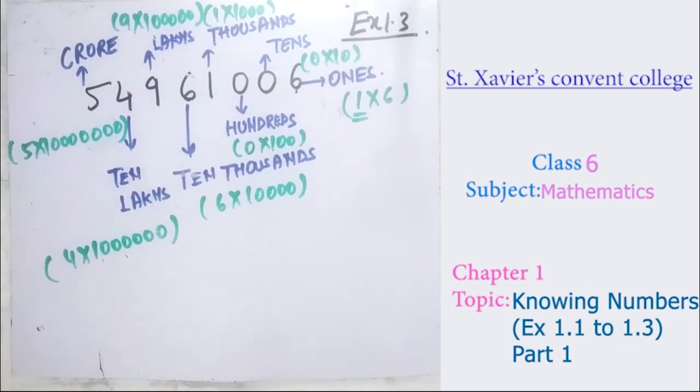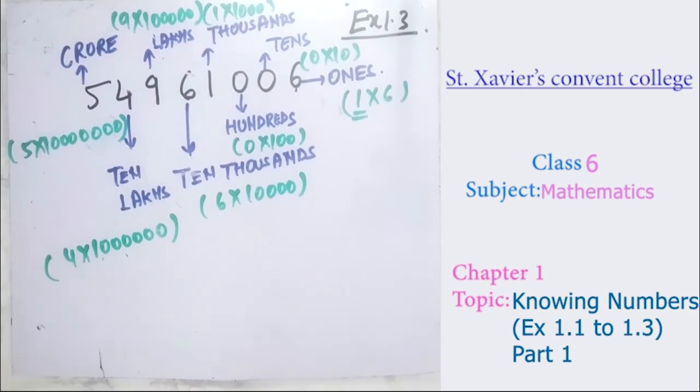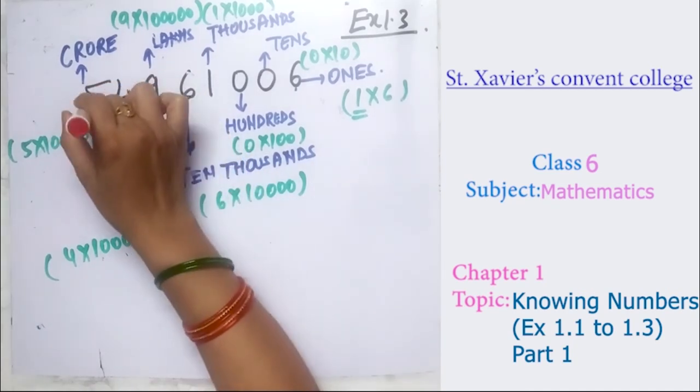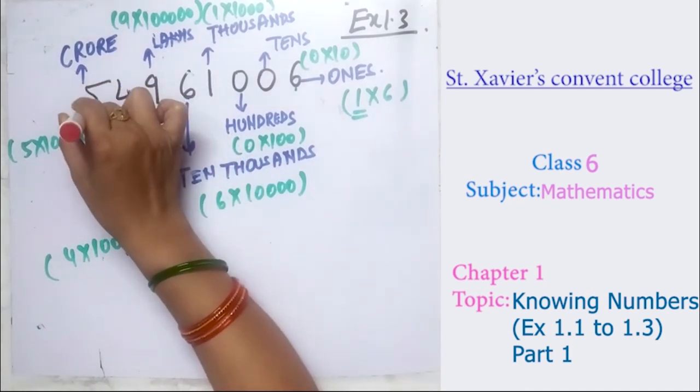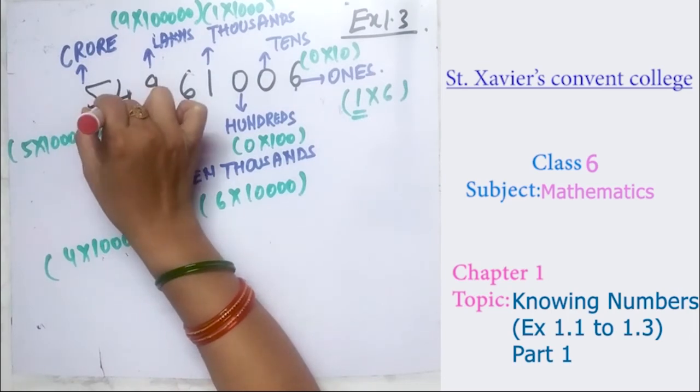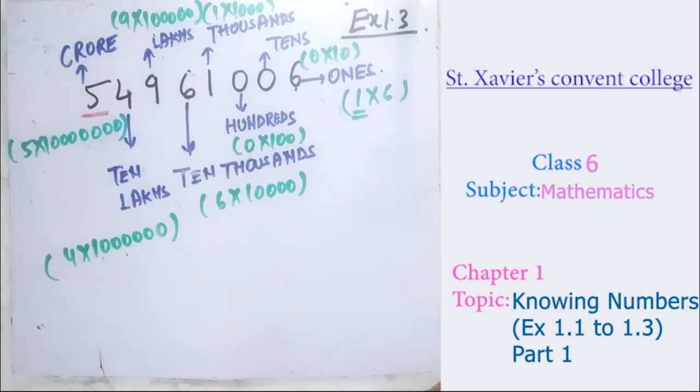Suppose in this question I ask you to place the following numbers in the place value chart and find the place value of the underlined digits. The underlined digit here is 5. So how are you going to find the place value of the underlined digit?